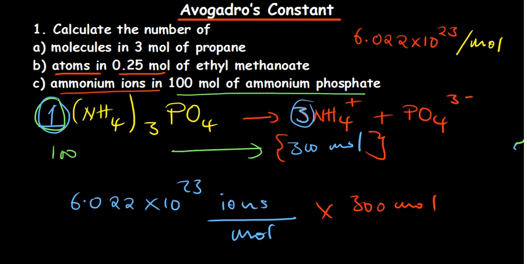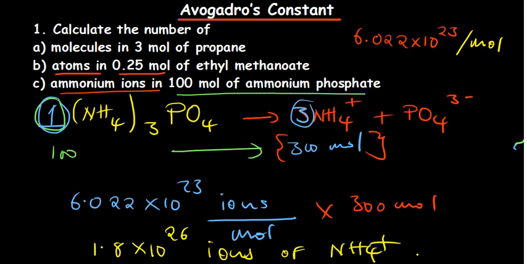The answer I'm getting here is 1.8 times 10 to the power 26 ions of ammonium. Okay, so that's how you answer these questions.